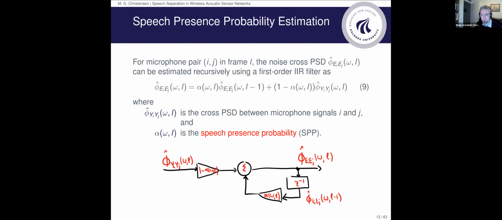And this alpha is what we call the speech presence probability. What you can see here is that when this alpha is high, so close to 1, and it is between 0 and 1, we will take the previous estimate of the noise statistics. Whereas if alpha is low, we will update the statistics with the observed signal statistics.